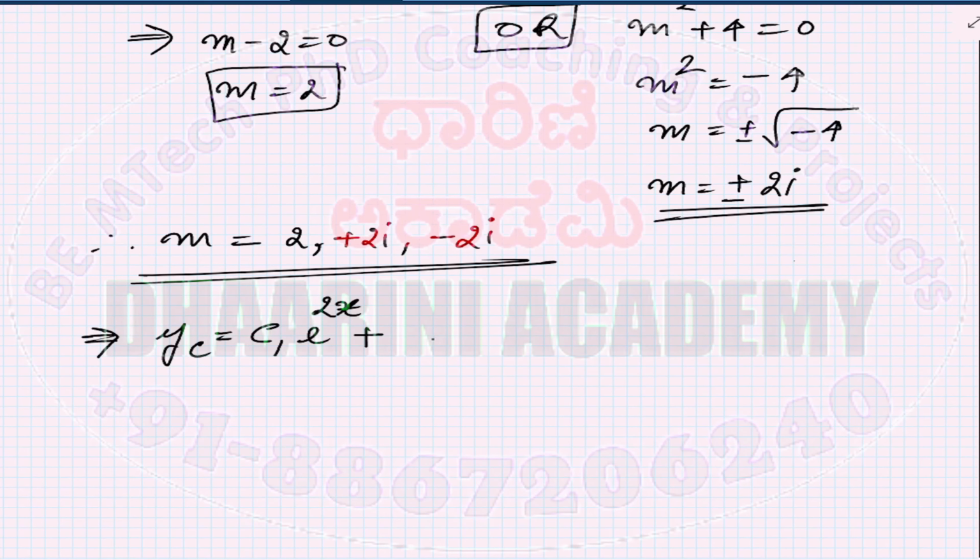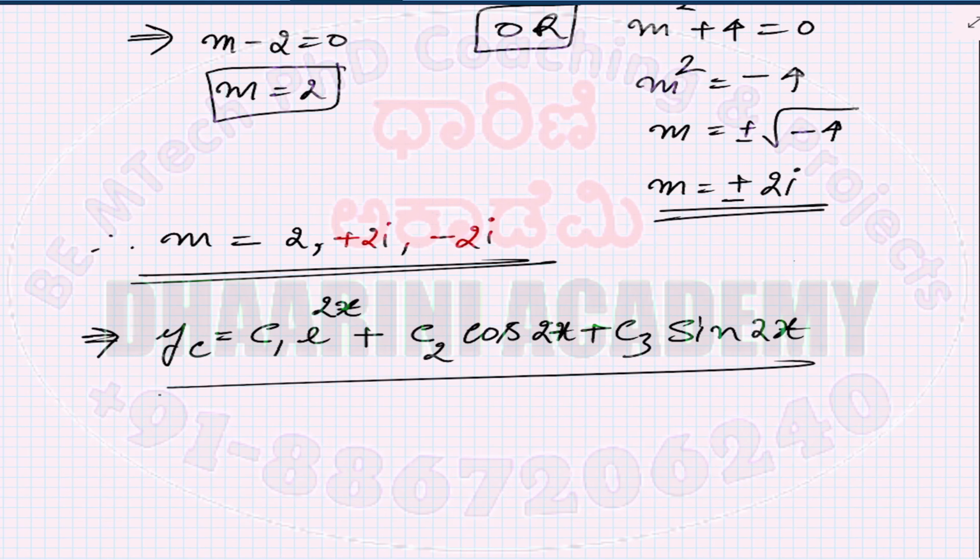C1 is already used, you can use C2. C2 into cos qx, q is 2, cos 2x plus C3 into sine 2x is your solution. This is the yc of the given problem.